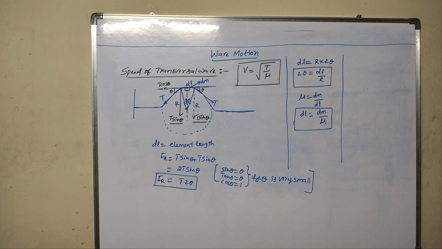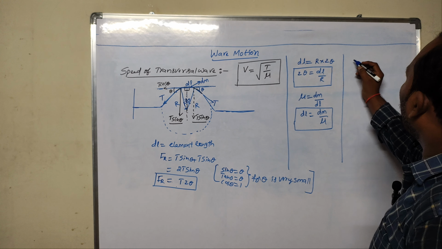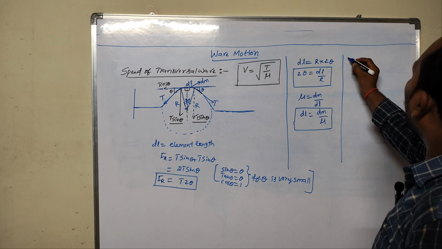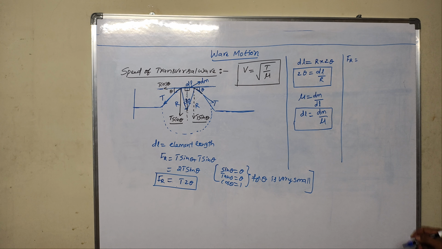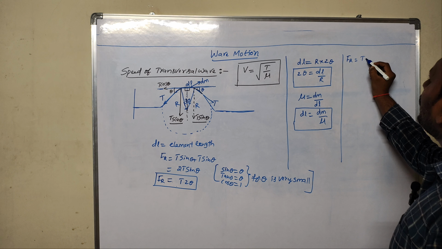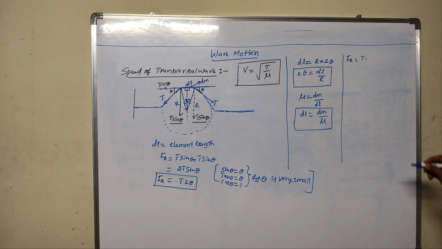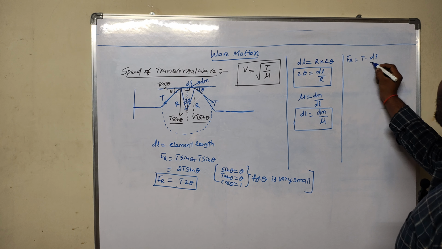Next, from Fr is equal to T into what is the 2 theta value here? dl by r.